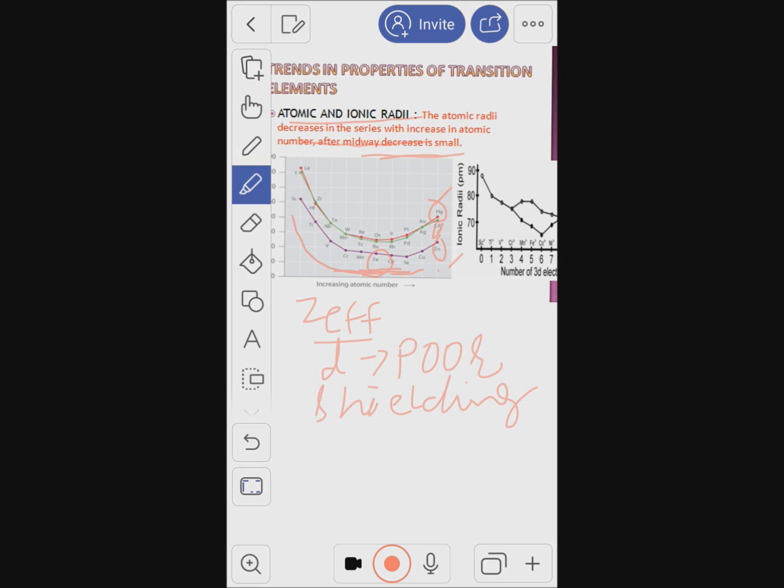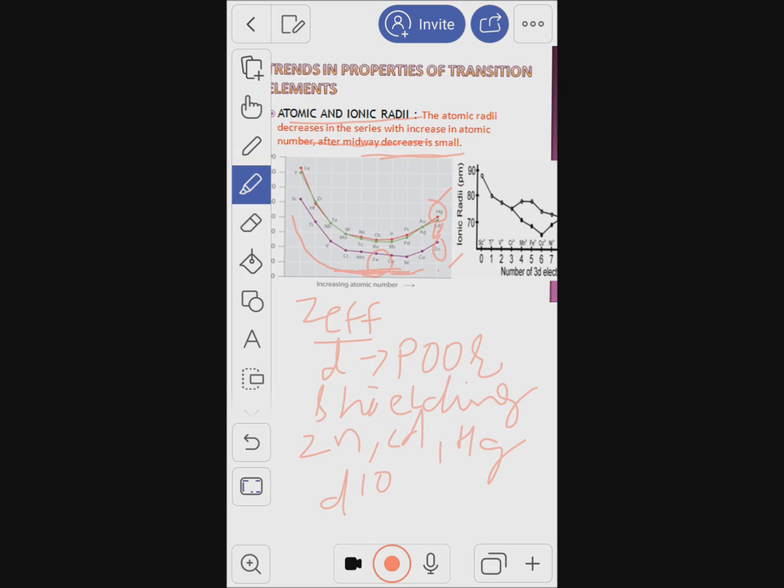The electron cloud expands and hence the atomic radius increases in case of zinc, cadmium, and mercury due to fully filled d orbitals. Due to electron repulsion, their electron cloud expands. That's why their atomic radii or ionic radii increase.